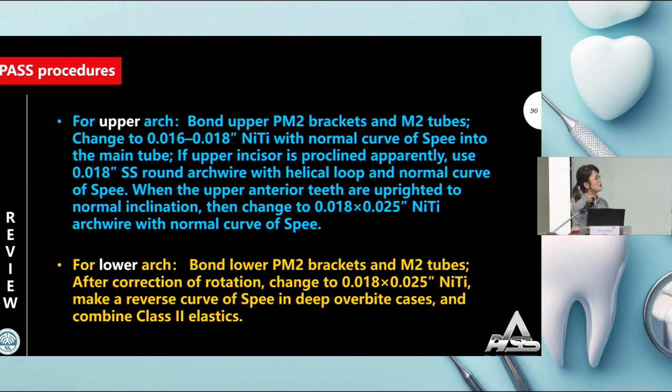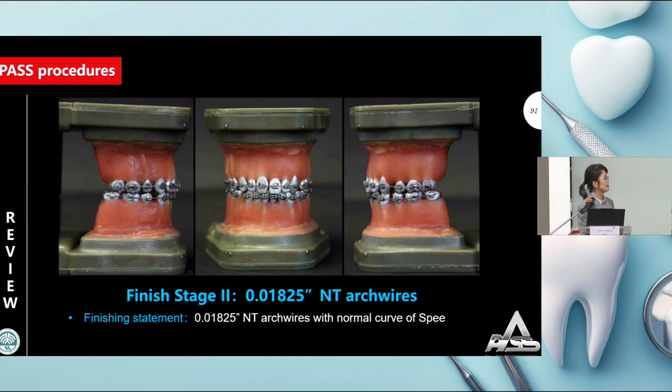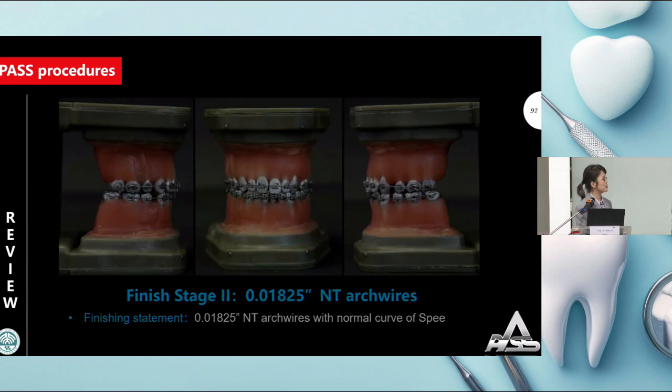When the upper anterior teeth are uprighted to normal inclination, then we change to 1825 nitinol arch wire with normal curve of Spee. For the lower, we bond 7 and 5. After correction of rotation, we change to the 1825 nitinol, make a reverse curve of Spee in deep overbite cases and combine class 2 elastics. Here, we finish stage 2.